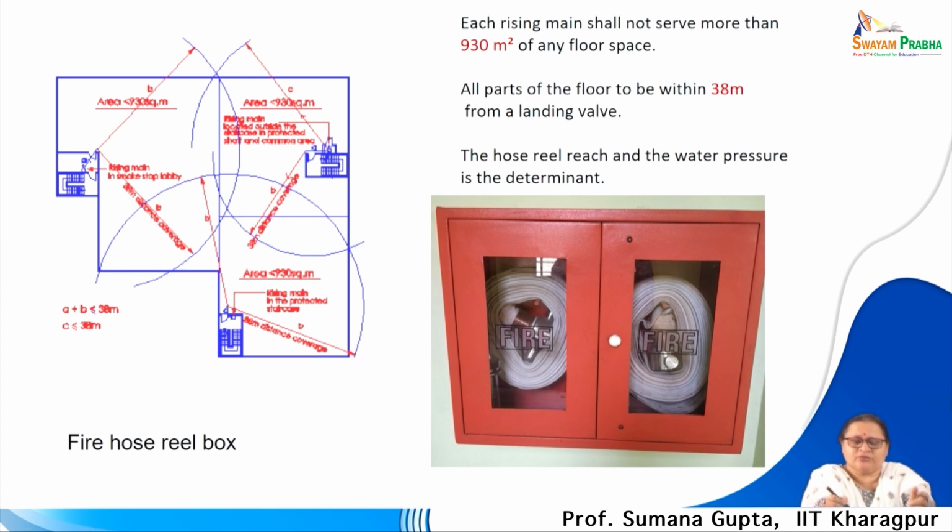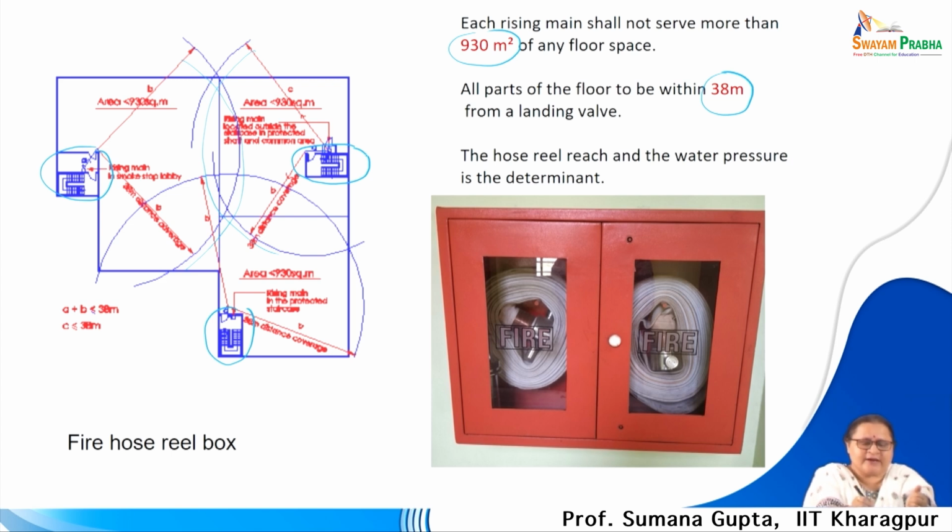I have told you it is around 38 to 40 meters, and if you draw the arcs from that, you will find that you can serve around 900 or 930 square meters from one location. Remember, our staircases as per mandate are always on an external wall. So, you cannot make a central location and cover all around 360 degrees. So, you can see the areas given in dotted line.